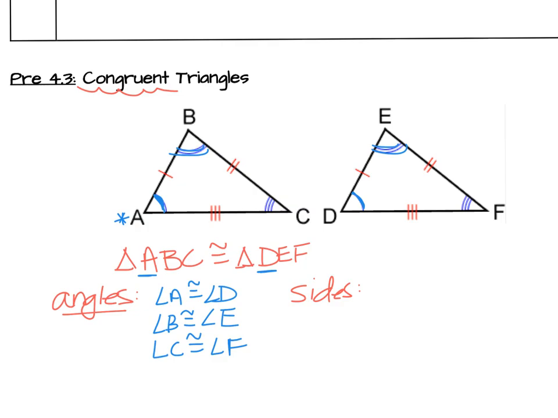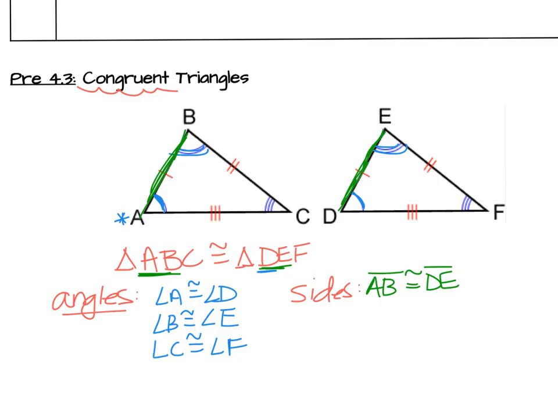So as we think about the sides and how they compare to each other, using two letters in one triangle, side AB, that would be this side on the left, matches and is congruent to side DE, the side length on the right. So we would say AB is congruent to DE.